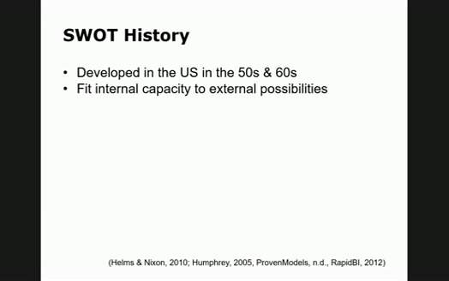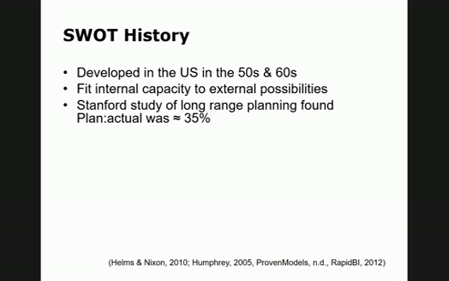Basically what started the ball rolling was that, despite an organisation's internal capacity being planned to take advantage of external possibilities, organisations' planning was not consistently paying off. So a large group of organisations asked Stanford to conduct a study starting in 1960.